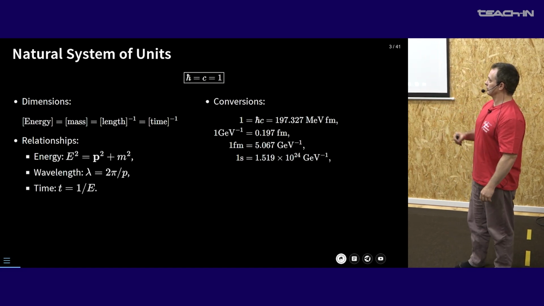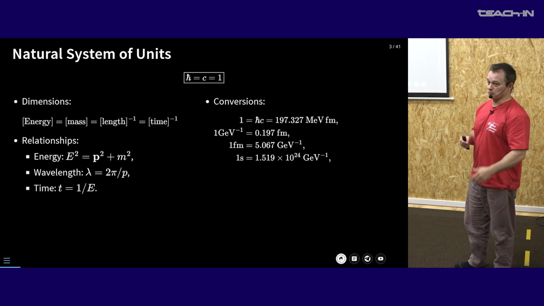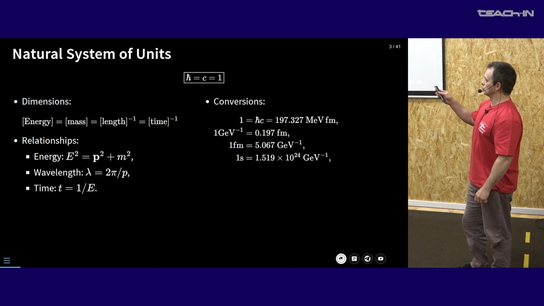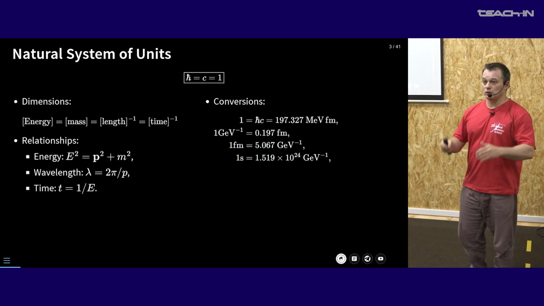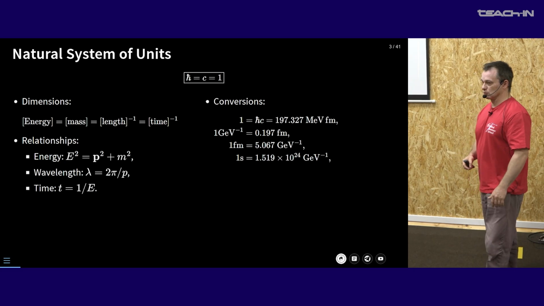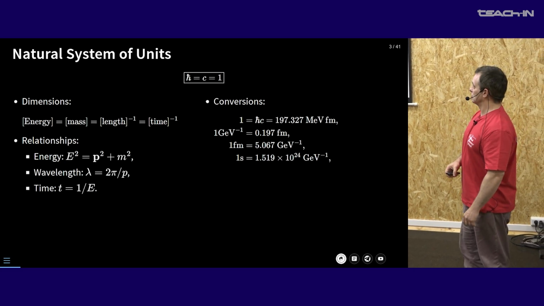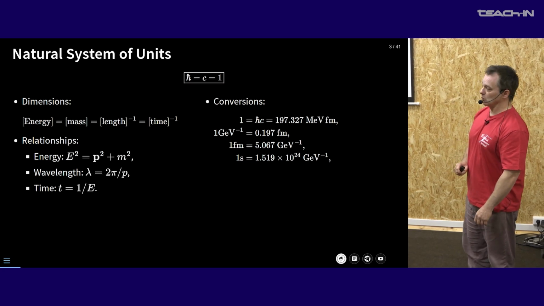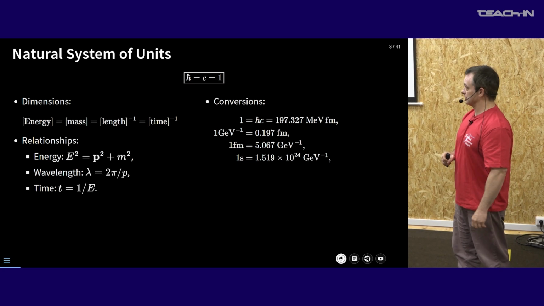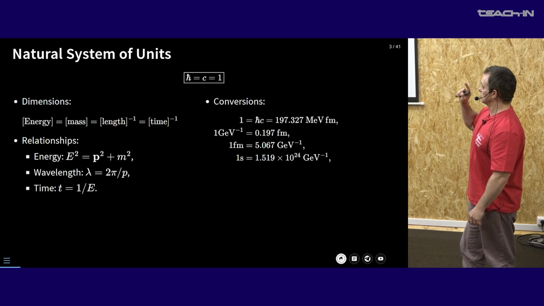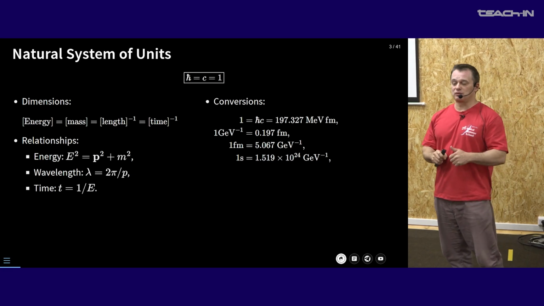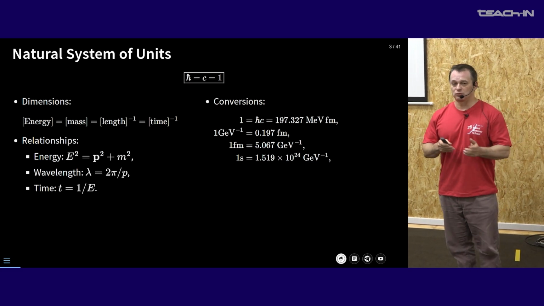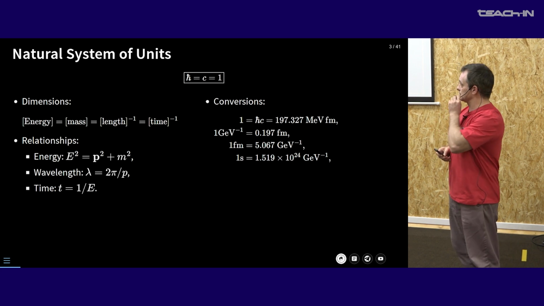The wavelength is 2 pi divided by the momentum, and time is just reciprocal to energy. If you want to come back to your usual world with meters, kilograms, and so on, then there is a set of unit conversions: 1 equals the product of h bar and c, which is around 200 MeV times Fermi, where a Fermi, or femtometer, is 10 to the minus 13 centimeters.